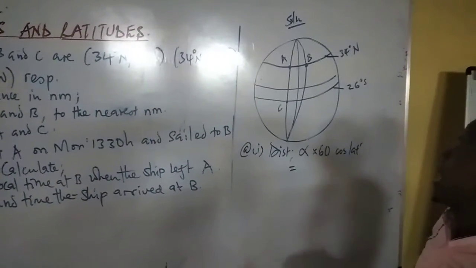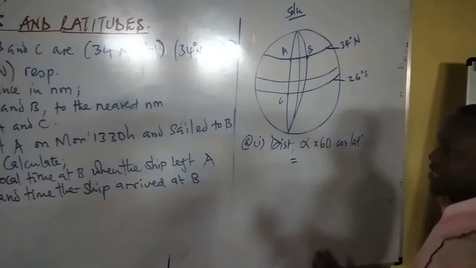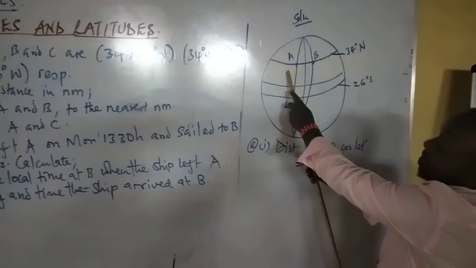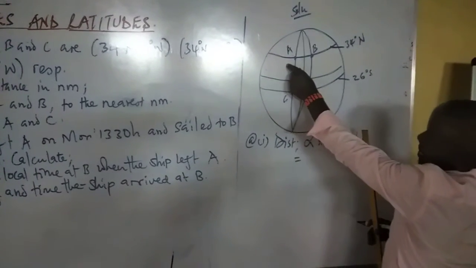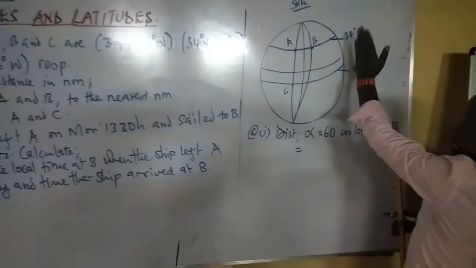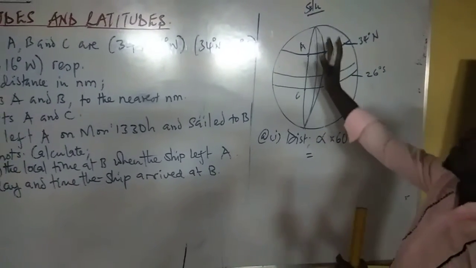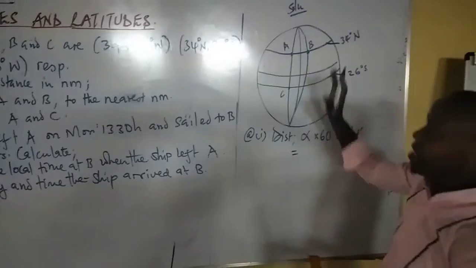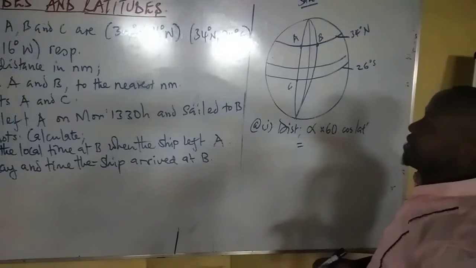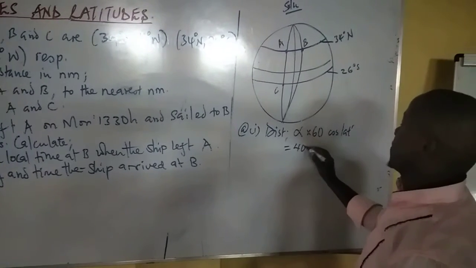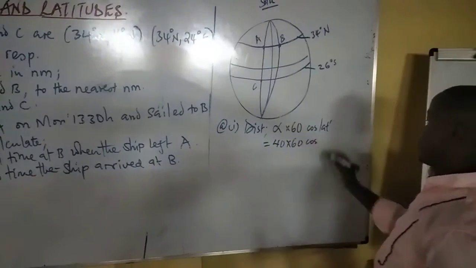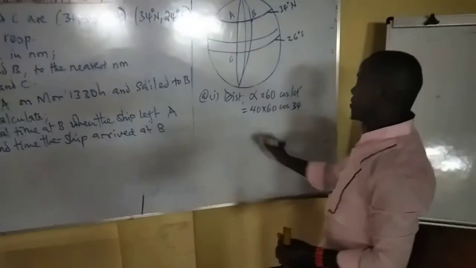Alpha is the difference in longitudes between A and B. A is at 16 west, B is 24 in the east. Because they are on opposite sides of the prime meridian, we add the longitudes: 16 plus 24 gives us 40. Therefore, it will be 40 by 60 by cosine of the latitude, where they are at 34 degrees.